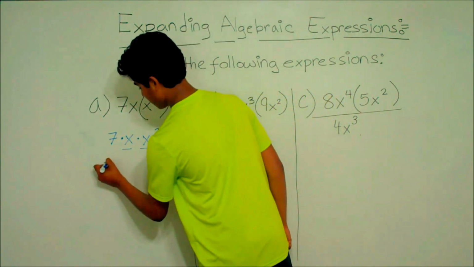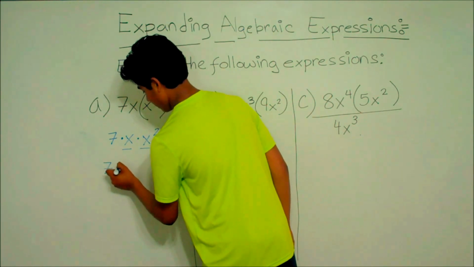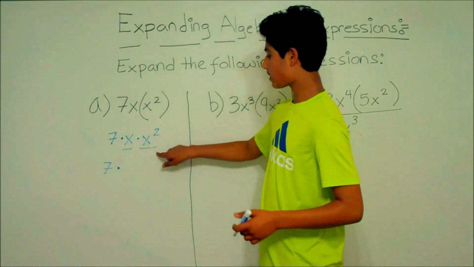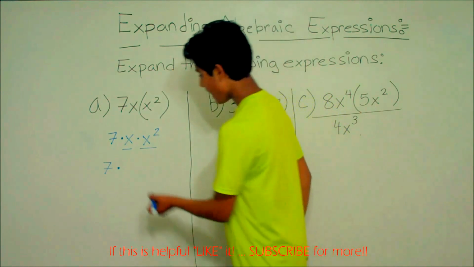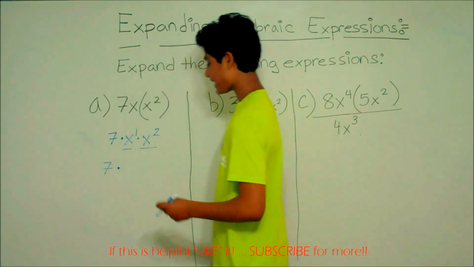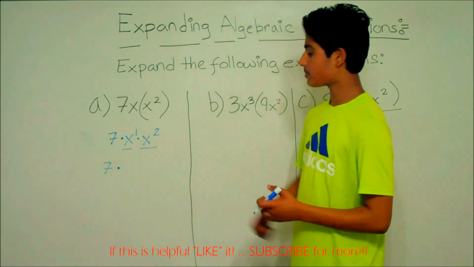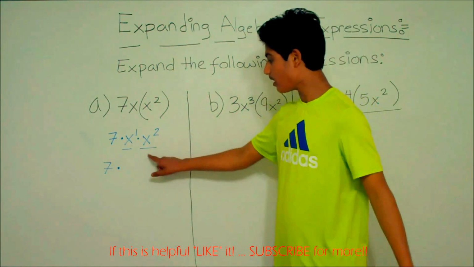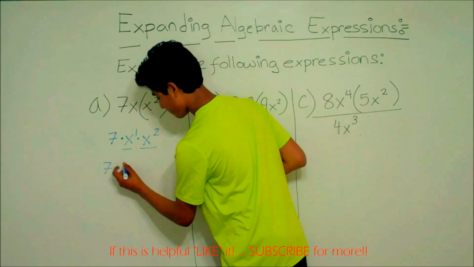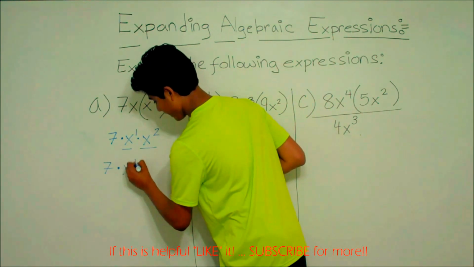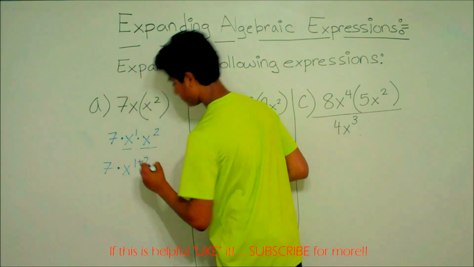So this is equal to 7 times, and we have to multiply x and x squared. We know that x is also the same as x to the first power. So when we multiply two exponents that have the same base, we keep the base the same, and we just add the exponents, 1 plus 2.